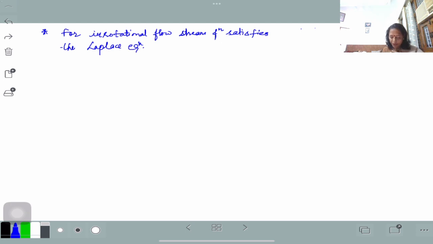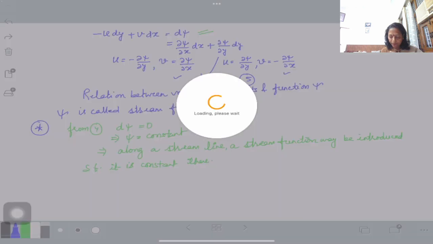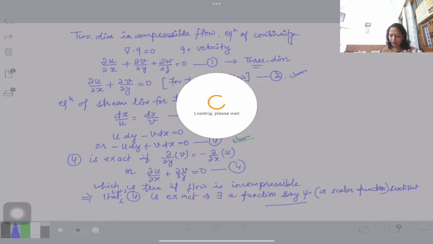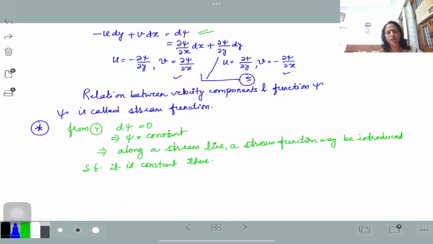If you look at the introduction of stream function, in the whole analysis, I do not restrict myself to the irrotational or the rotational flow. I just consider the equation of continuity for the incompressible flow, and I attain a function which is called a stream function.